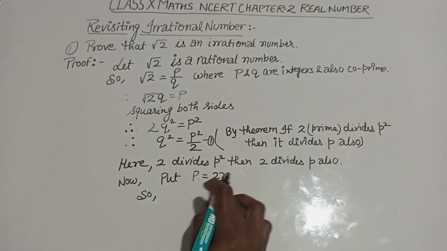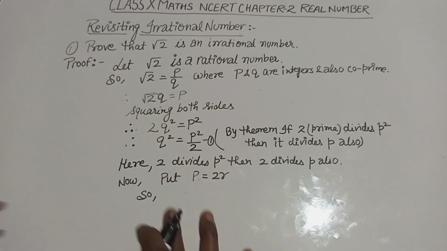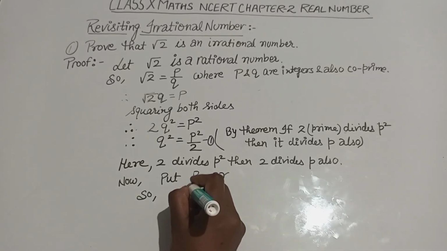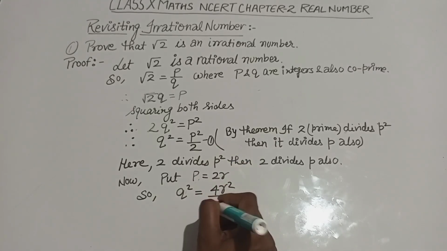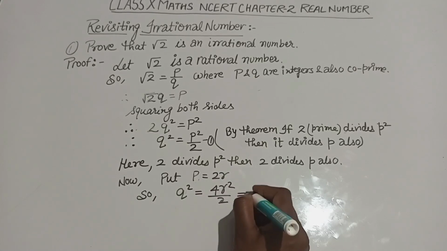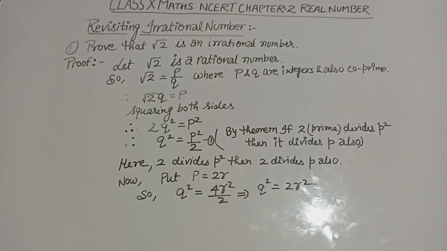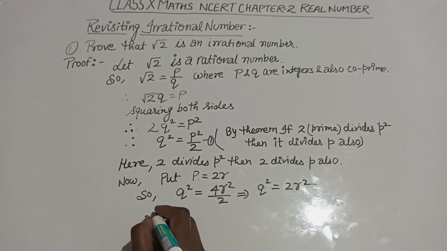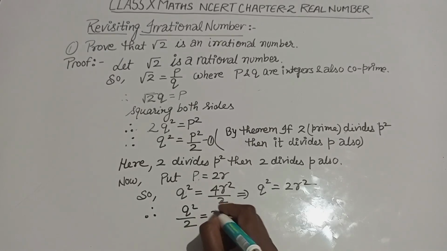P can be written as a multiple of 2 also, because 2 divides p square, then p can be written as a multiple of 2. So here q square is equal to 4r square upon 2, so you cancel out the 2, which simplifies to q square is equal to 2r square. So q square upon 2 is equal to r square.